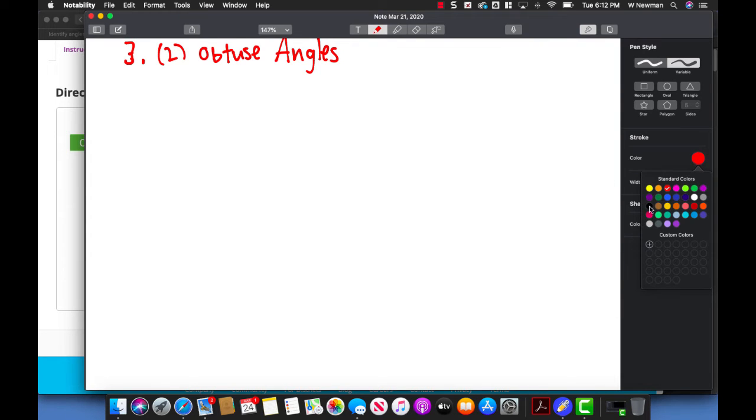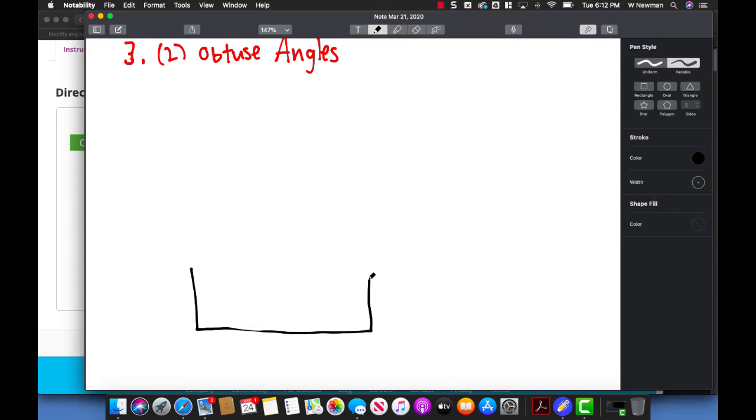So I'm just using Notability to do this. I'm going to draw a house. So see here. And I didn't say it's going to be a good house, but it's a house indeed. It's the roof. Okay.